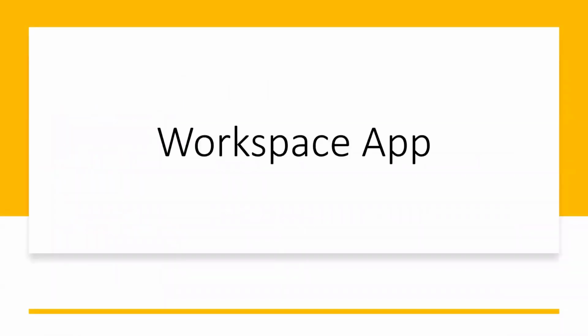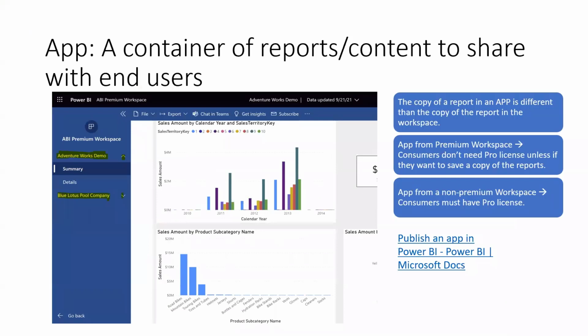Now, the last item that I had on that slide is sharing with the Workspace app, okay? Now, a Workspace app is like a container of reports. It's just a convenient way for people to access a bunch of your reports together, okay? The caveat is that every report that's in an app workspace or Workspace app is an actual copy of your report in your workspace.